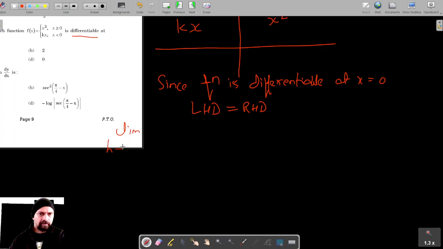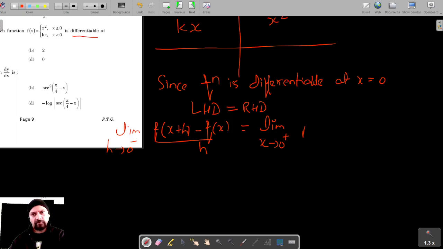In terms of a limit, h tends to 0 negative, which is the left hand derivative, of f of x plus h minus f of x upon h, and the right hand derivative is denoted by limit h tends to 0 positive, f of x plus h minus f of x upon h.